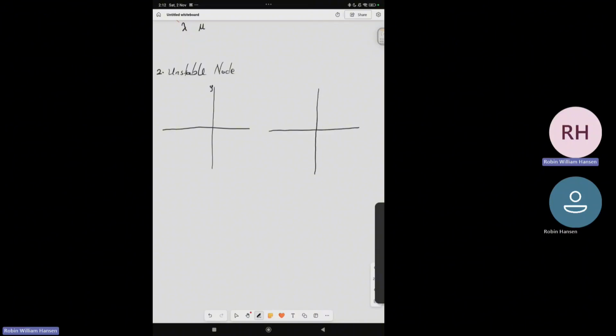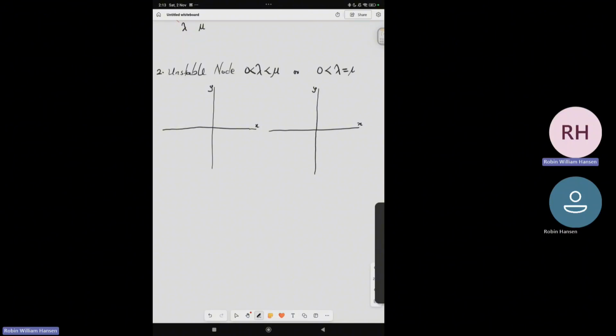There's our y-axis and our x-axis. Now remember, for the unstable node, we have lambda greater than mu or less than mu, and they are both greater than 0. Or we have 0 less than lambda, and lambda equal to mu.